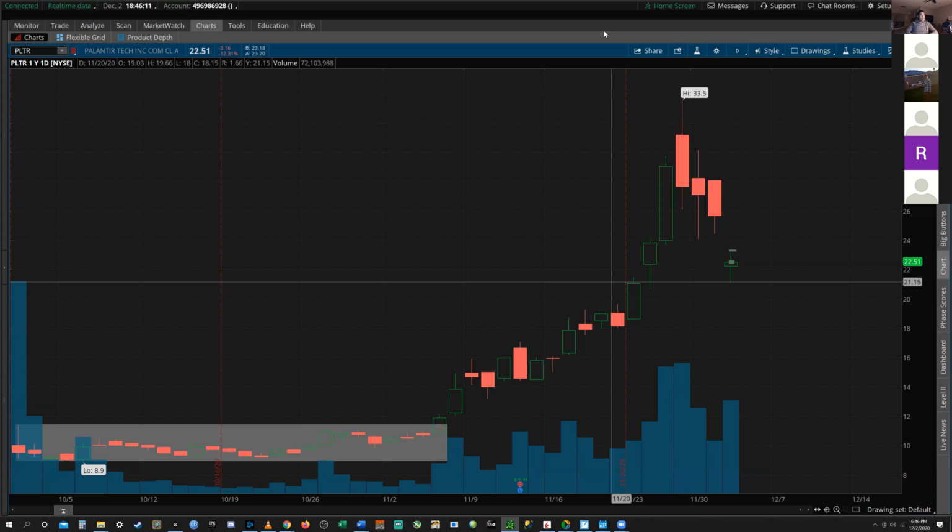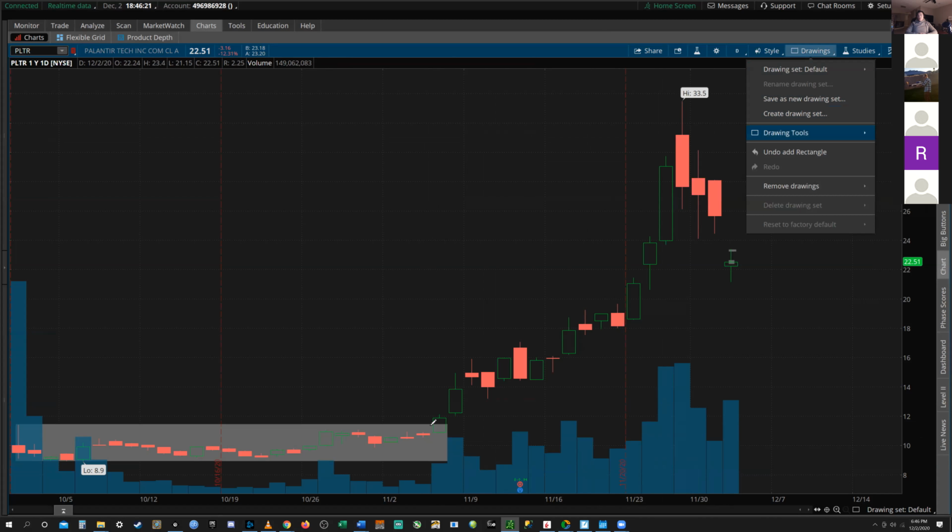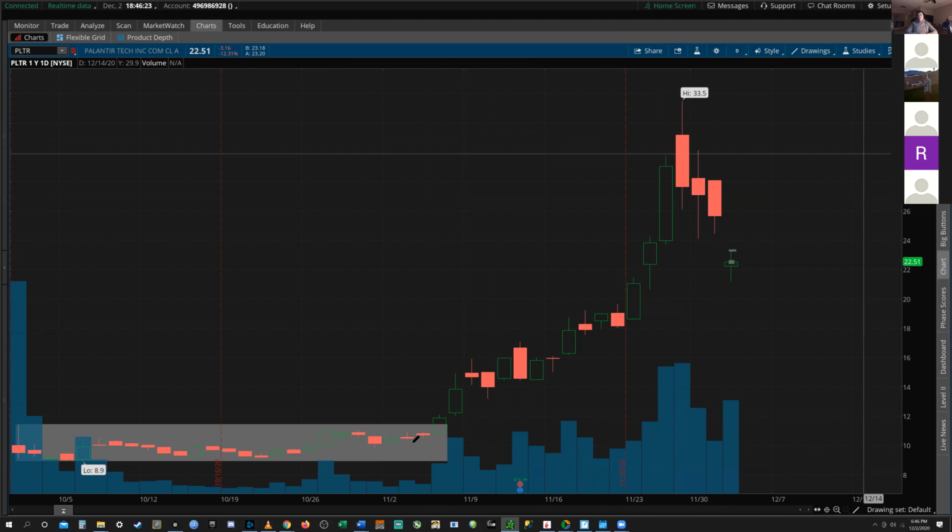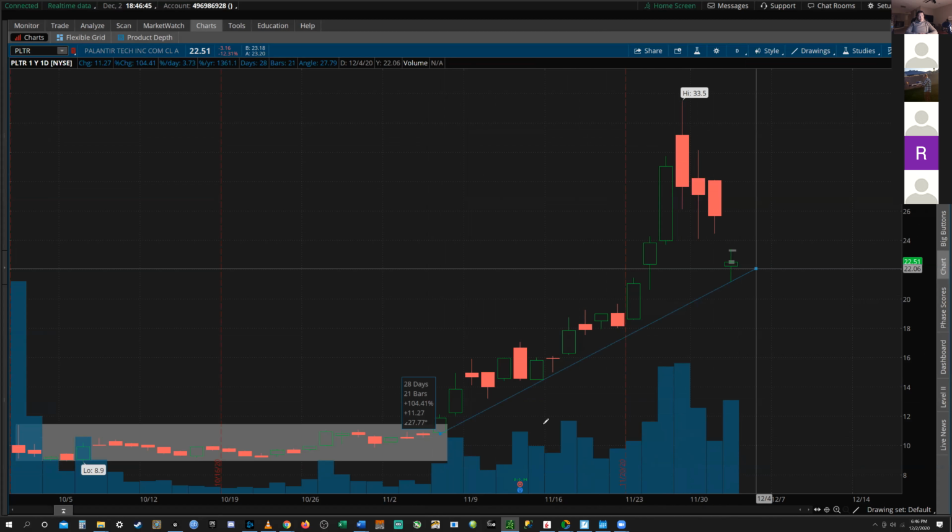If I were to draw another thing, I could draw my support and resistance, or I would probably just draw support because now it's getting a lot of attention, so we don't know where it's going to go. I would just start where there are larger candlesticks. And again, this is only because this stock is becoming insanely popular. I'm just going to use the two bottom points to get my support level.